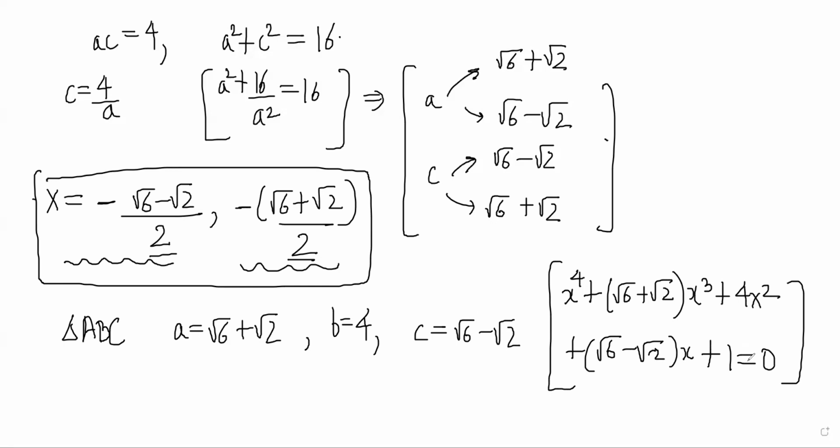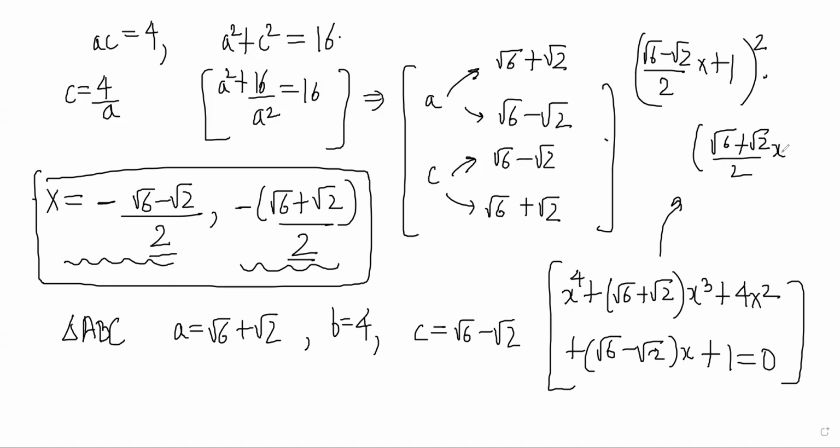And basically, now you can solve this polynomial by factorizing it in the same way that we saw before. You can write this as root 6 minus root 2 by 2 x plus 1 whole square times root 6 plus root 2 by 2 x whole square plus 1 equal to 0.